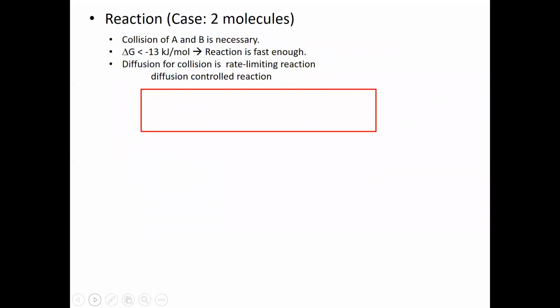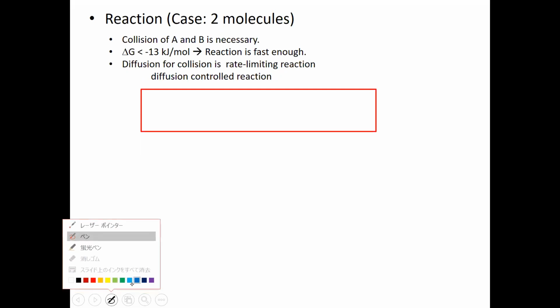So what happens in the case of a bimolecular reaction? In this case, the situation is a bit different. You need one of the molecules to react.